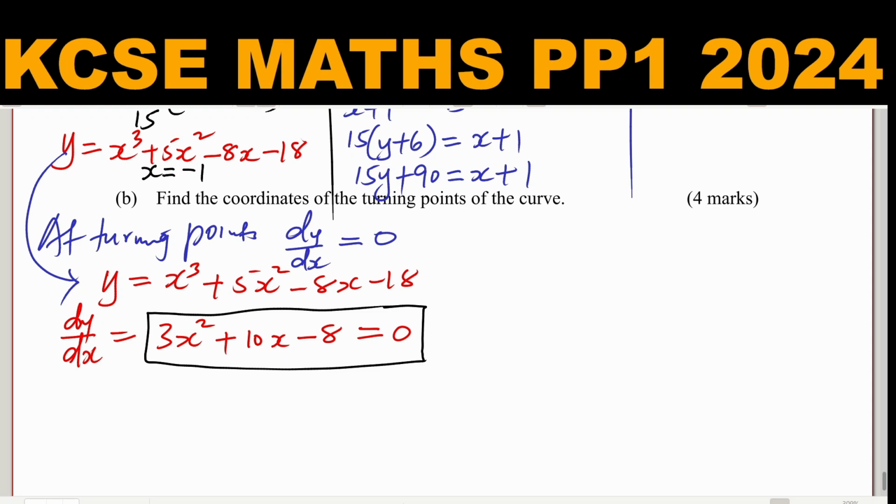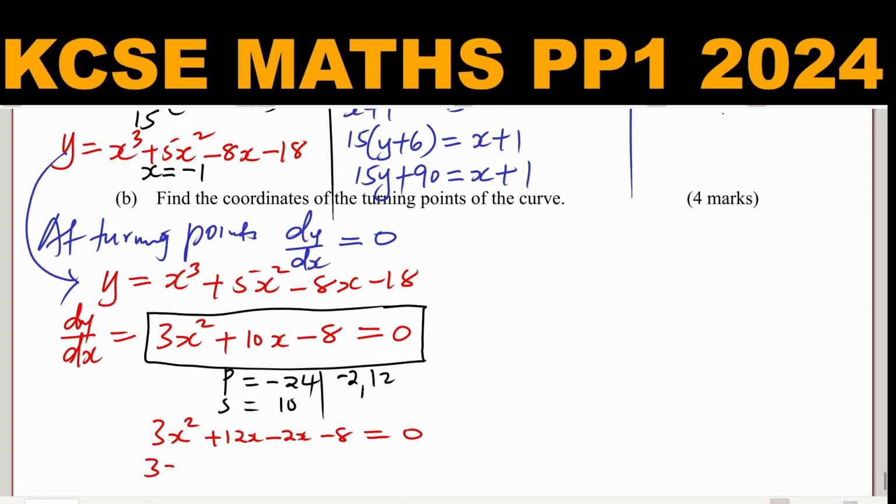You solve this. There's no way you can simplify this one further. You can use any suitable method. Let me use factorization. Look for two numbers whose product is negative 24, and the sum should be 10. Those numbers are negative 2 and 12. So this will give 3x squared plus 12x minus 2x, which is the same as 10x, minus 8 is equal to 0.